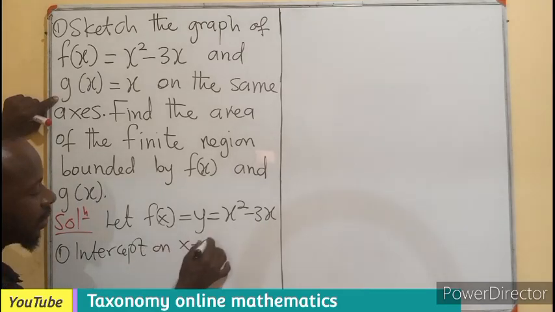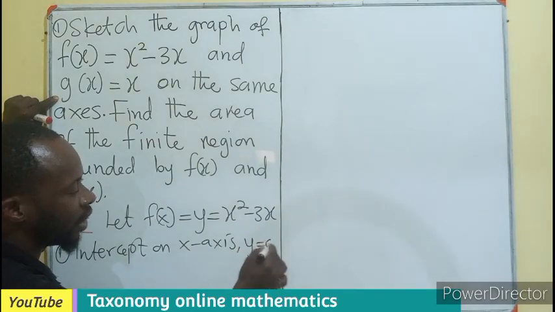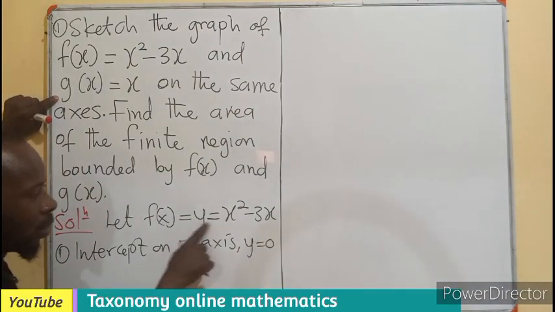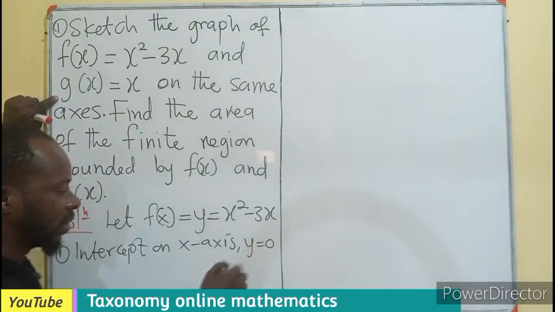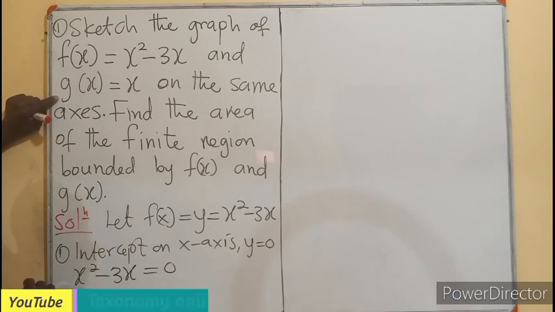on the x-axis. We know the intercept on the x-axis means equate y equals 0. Meaning the whole of this equation will now be equal to 0. That means x squared minus 3x should be equated to 0. We see x and x, so we can factorize x out.